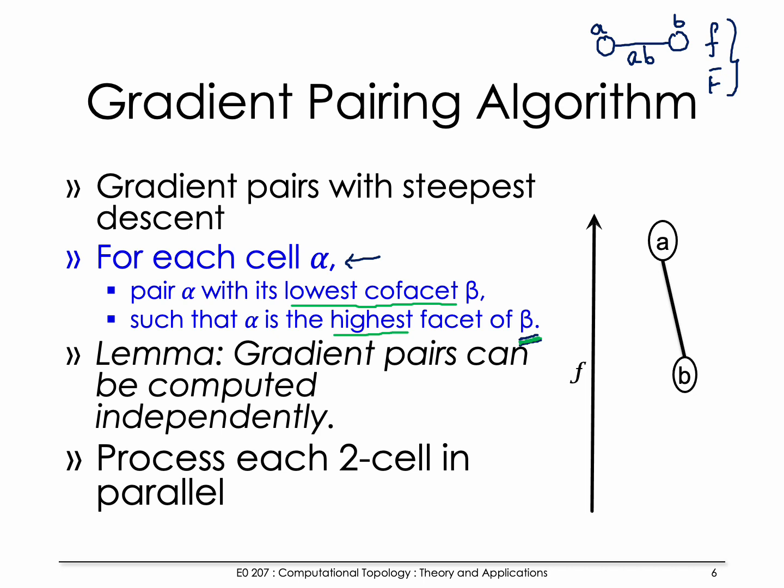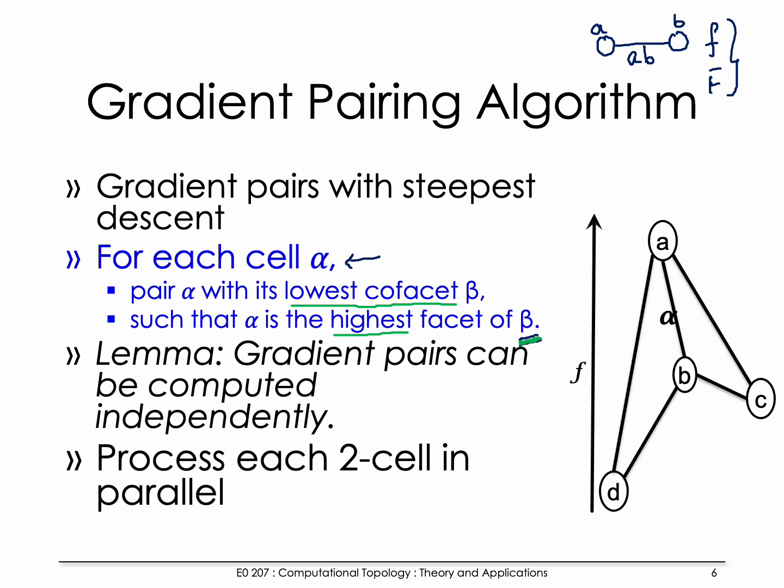Let's look at this example. AB is my alpha, and I would like to look at all cofacets beta. First of all, I would like to look at all cofacets beta where alpha is the highest edge on their boundary. Now there could be two triangles that contain alpha, ABC and ABD.